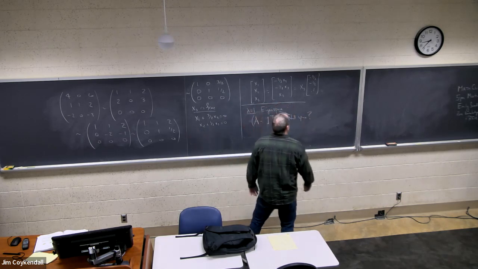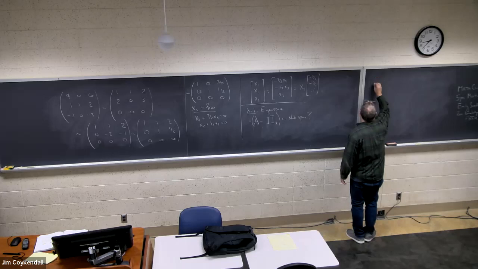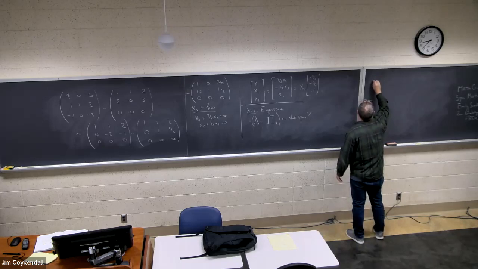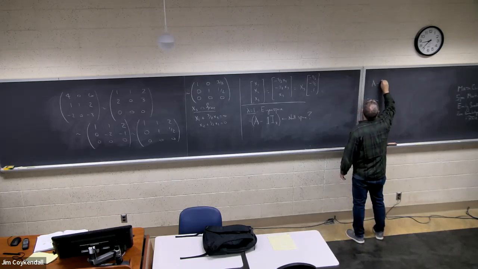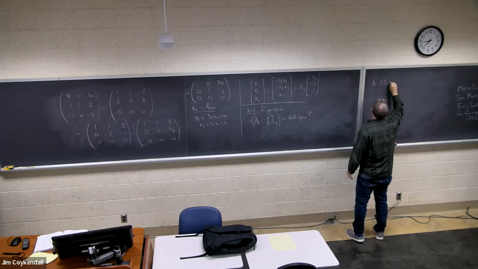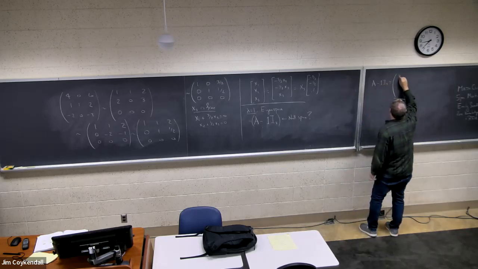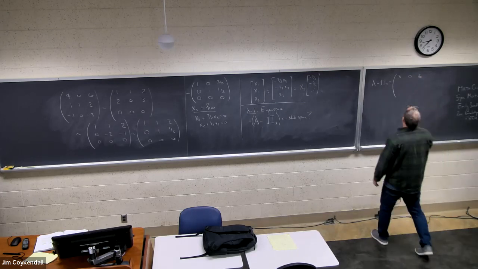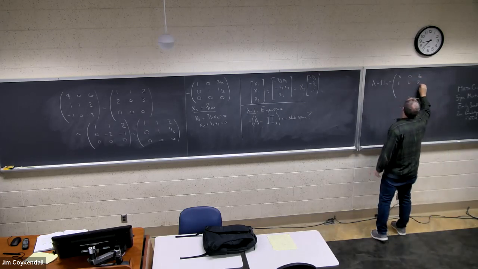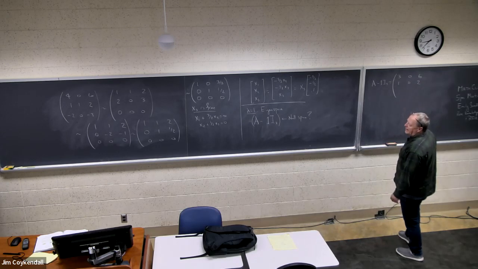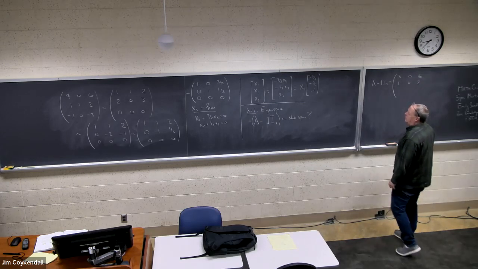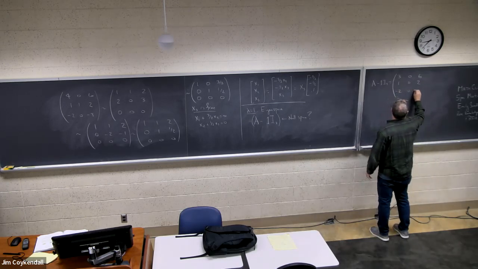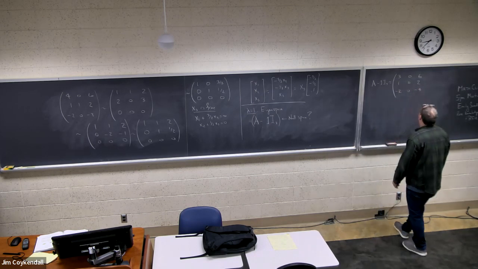So we subtract 1 off the diagonal here. It's 3, 6, 1, 2 and minus 2, 0, minus 4.